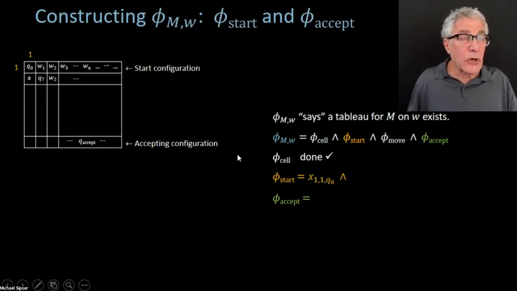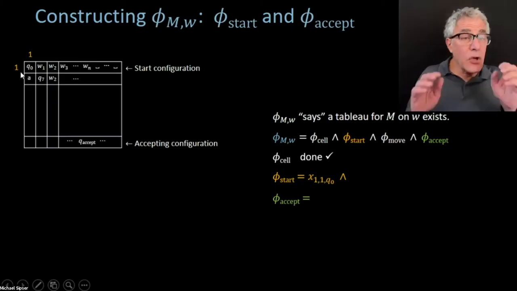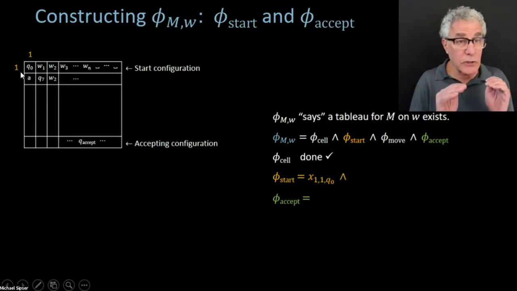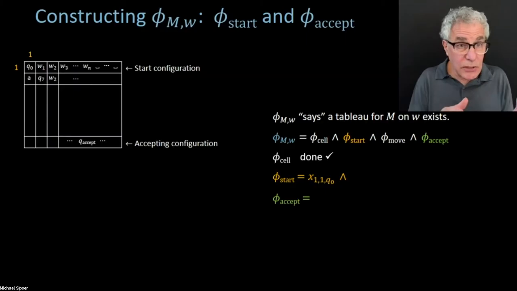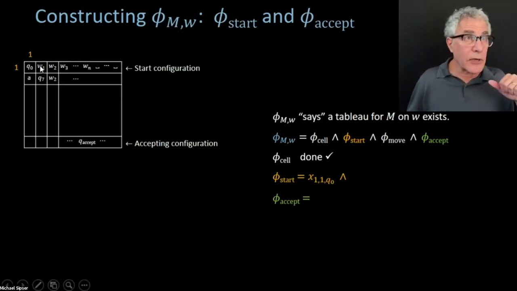Phi start is going to say the cell 1, 1 contains a Q0. I know what the start configuration should be, because thinking of us as the reduction, the reduction is given M, it's given W. So it knows what the start state is. It knows what the symbols of W are.